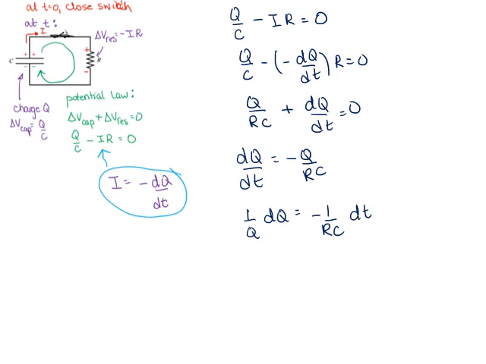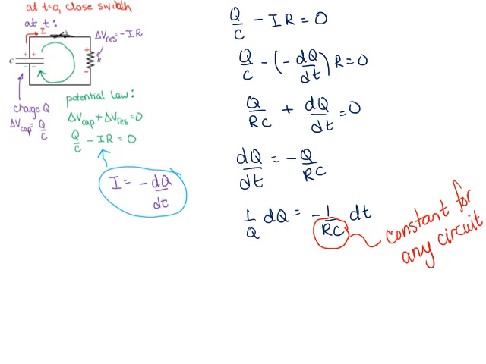Now, just before we start to solve, we might notice here that R times C is the resistance times the capacitance. That's a constant for any given circuit. So once you design your circuit or you build your circuit, the resistance and the capacitance won't change, so R times C is a constant.